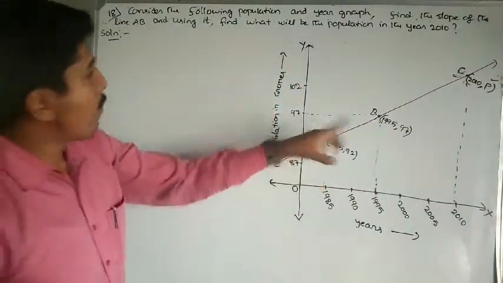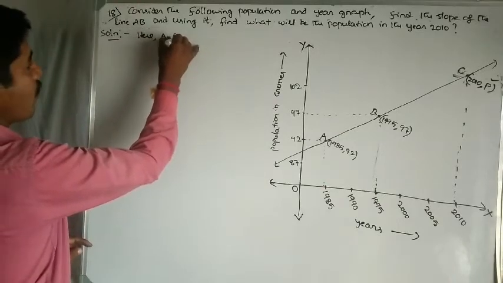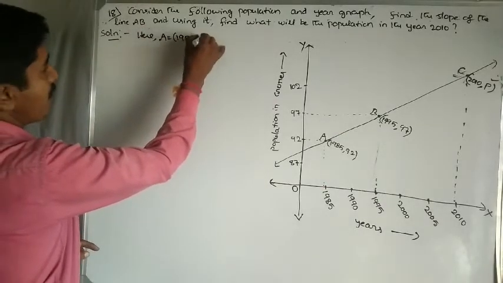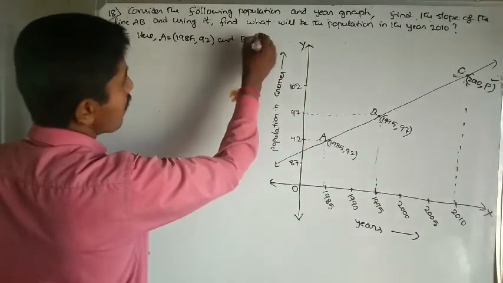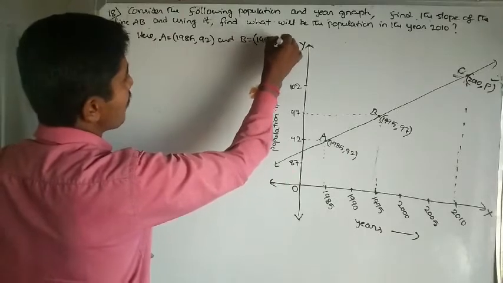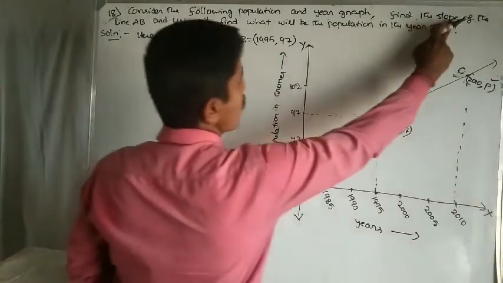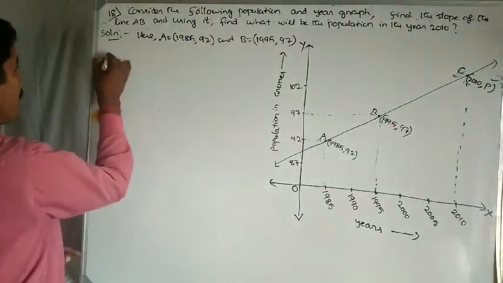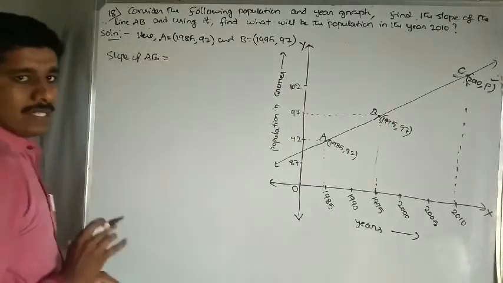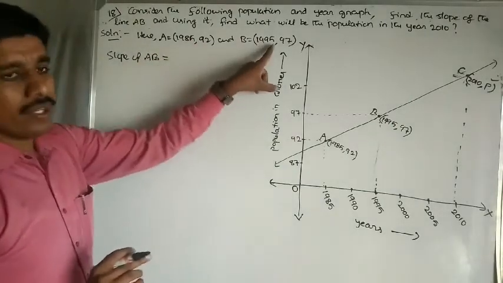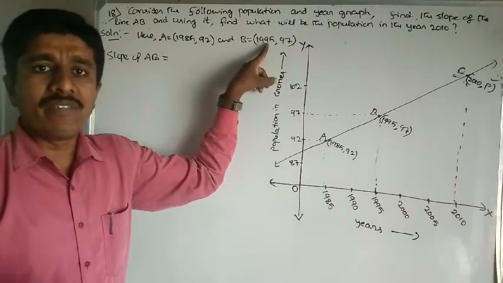So first I am going to find the slope of AB. Here A equals (1985, 92) and B equals (1995, 97). First find the slope of the line AB. Slope of AB means the slope of the line passing through 2 points: the difference of the y coordinates divided by the difference of the x coordinates.